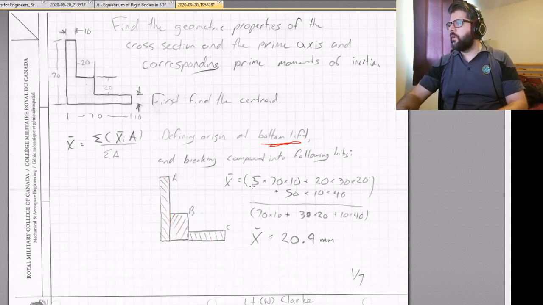So for A here, the x bar is located, let's look at 5 millimeters from this right corner here. Area, again, that's just going to be 10 millimeters times 70 millimeters.